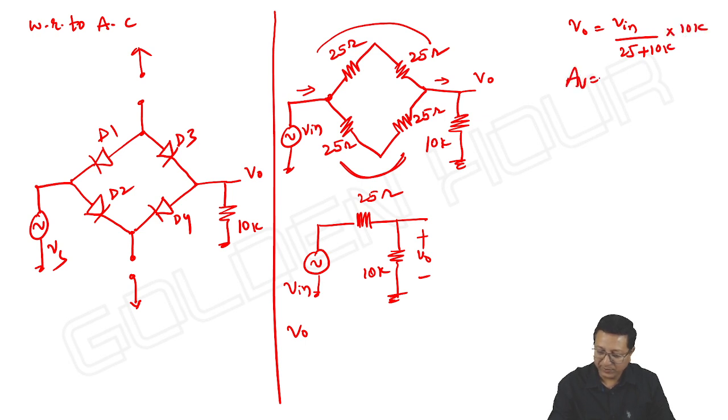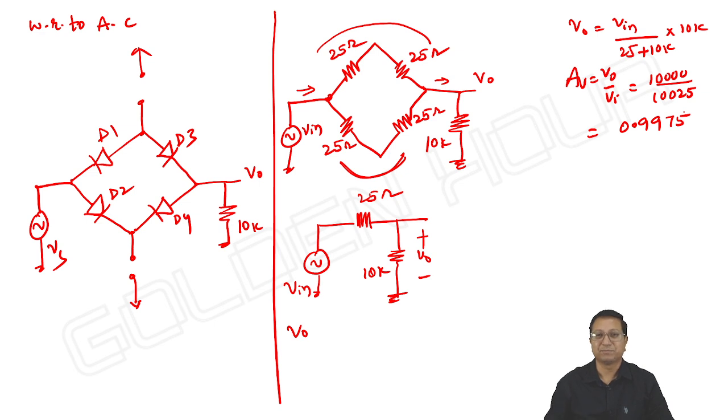Our gain AV, V output by V input, is equal to 10,000 by 10,025. Right? Almost it should be equal to unity, or I can write 0.99, close to unity. It comes around 0.9975, something close to 1. Okay, this is how we can do the problem.